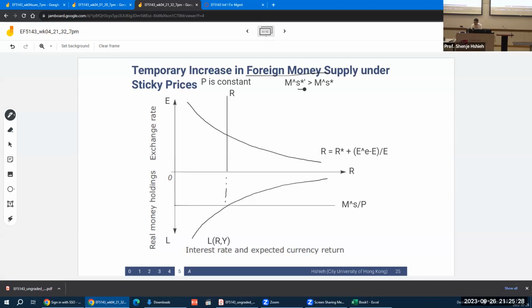How does that impact this graph? Answer me this question: if we are China, and the US decides to increase money supply, where in the equations would that impact show up?